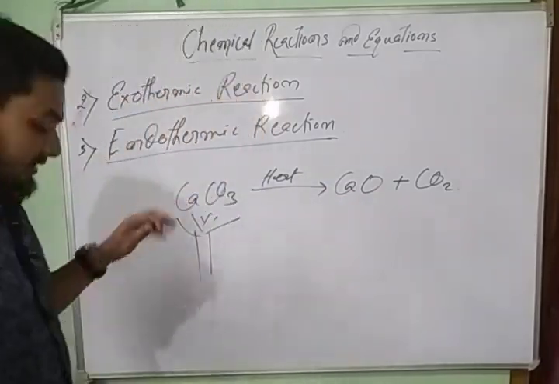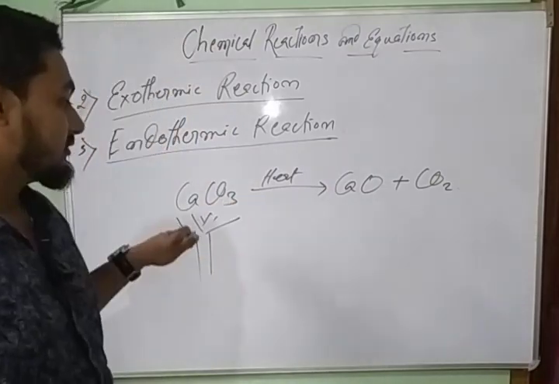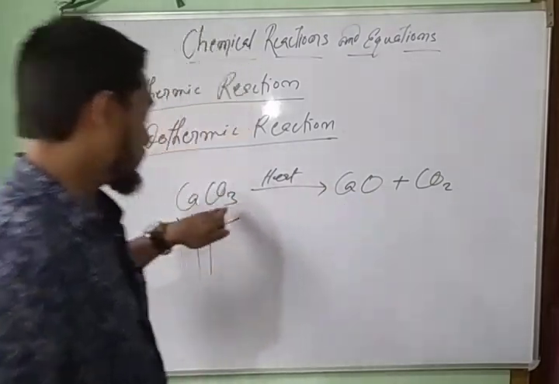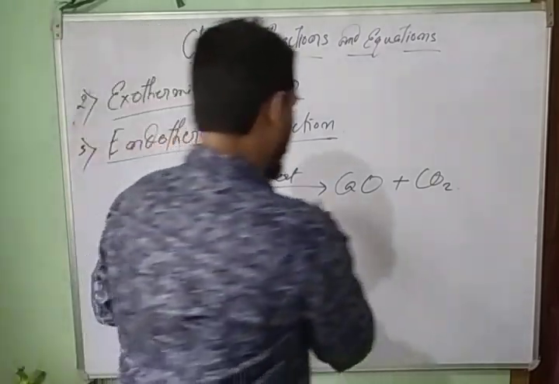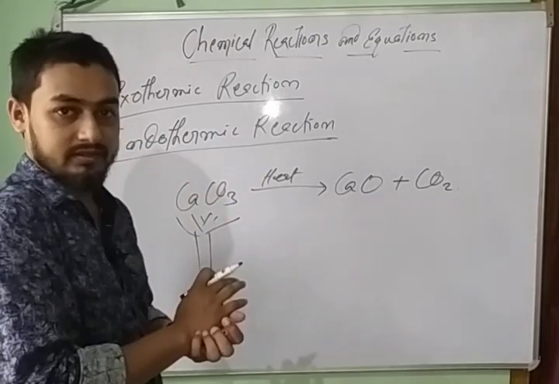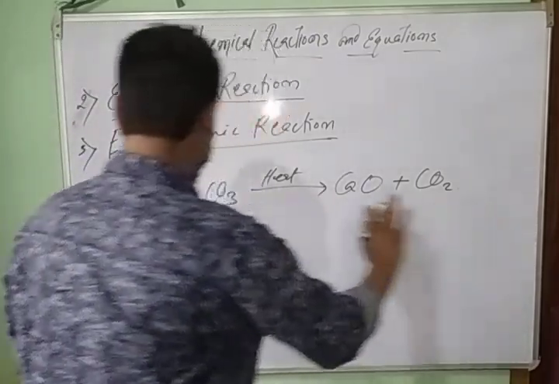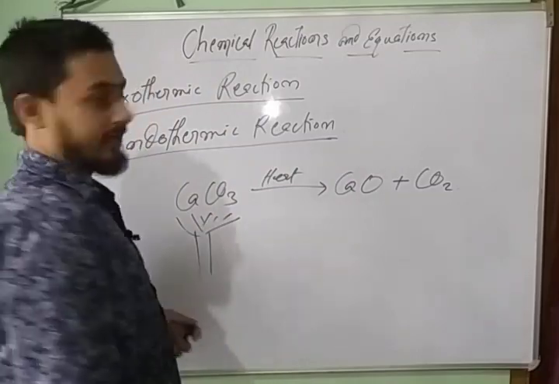If you keep this calcium carbonate at room temperature without giving any heat, then no chemical reaction will take place. So the type of chemical reaction which absorbs heat to proceed is called an endothermic reaction.